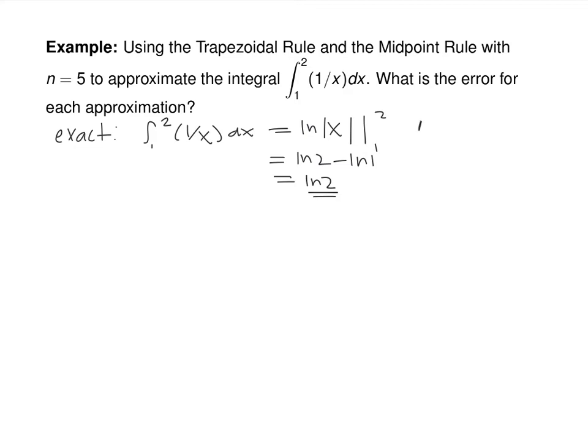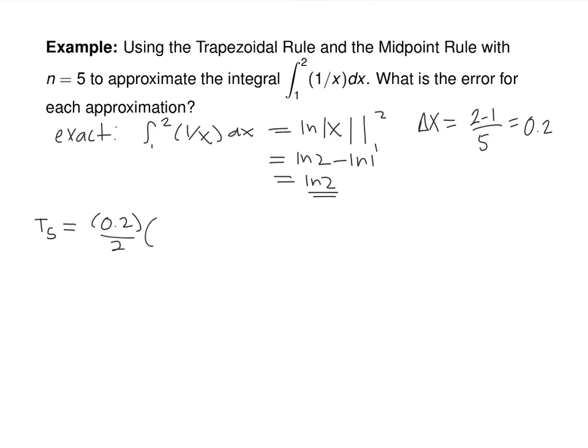And let's also find delta x. That will be (2 minus 1) over 5, which is 1/5 or 0.2. Okay, so first the trapezoid rule, T sub 5. So delta x over 2, so 0.2 over 2, which is 0.1.